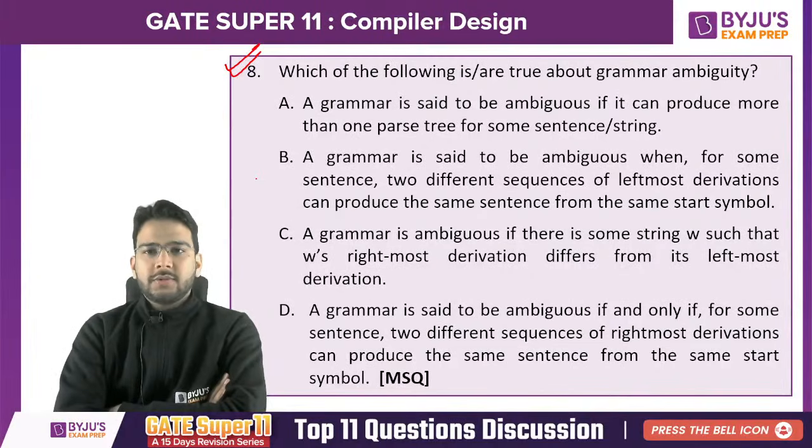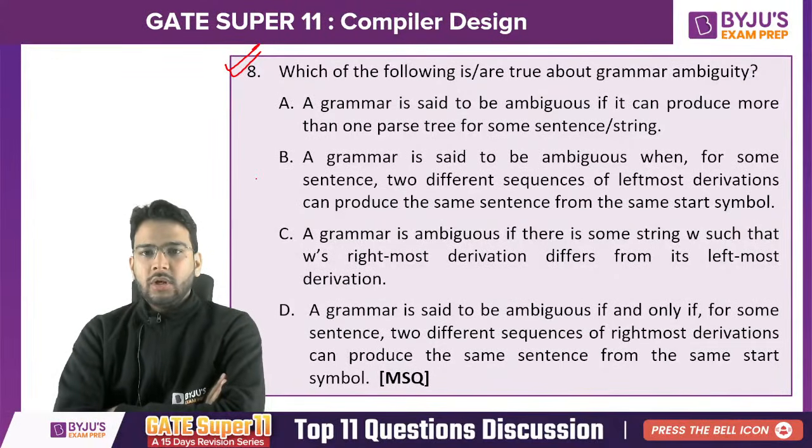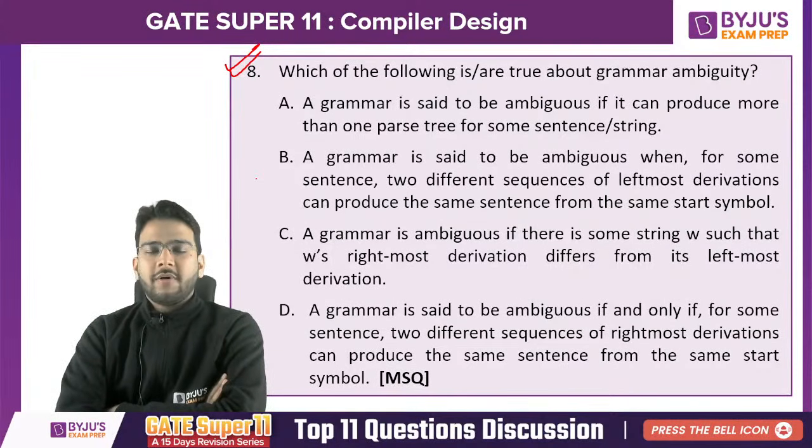Which of the following is or are true about grammar ambiguity? These are just the definitions of how we check whether the grammar is ambiguous or not. So if you know the definition, you can easily answer these questions.